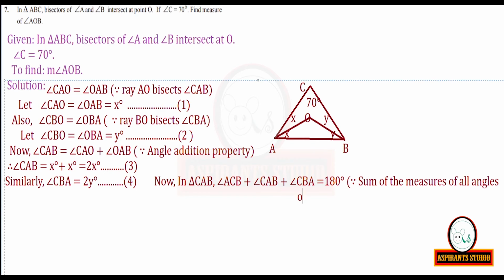So this equation becomes, and also we can substitute the value of measure of angle ACB to be 70 degrees, because it is given measure of angle C is equal to 70 degrees, that is otherwise measure of angle ACB. So you will get 70 degrees plus 2x plus 2y is equal to 180 degrees.